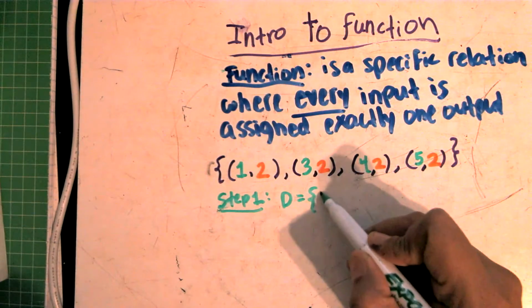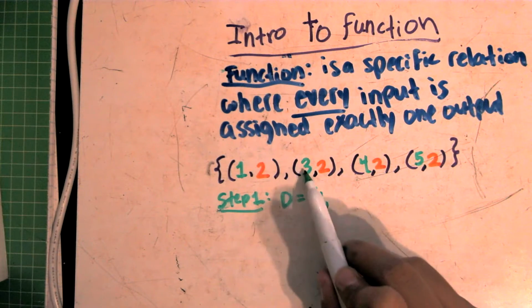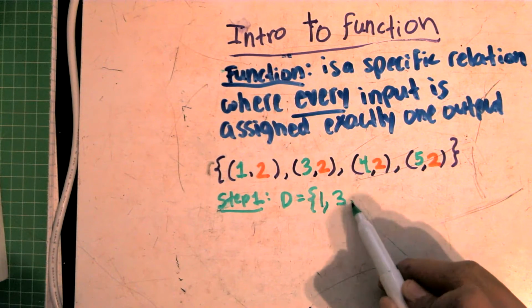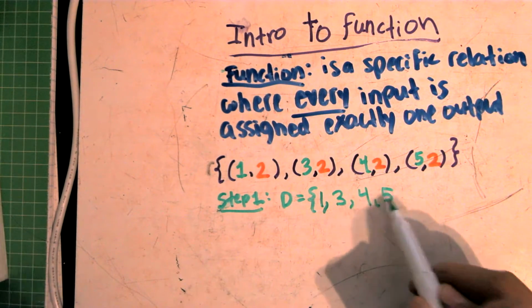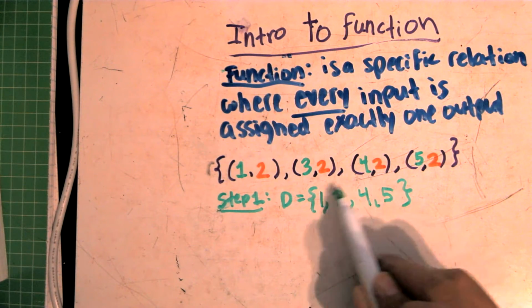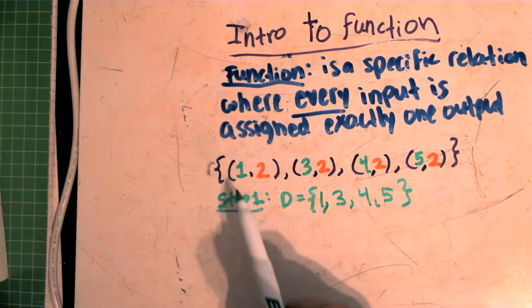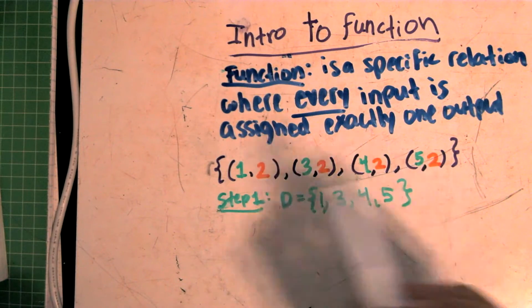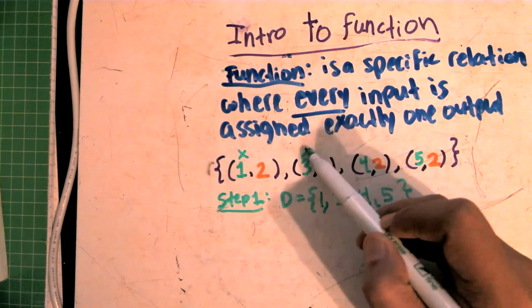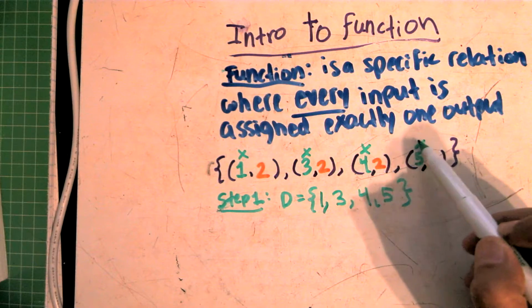So I have a 1, I have a 3, I have a 4, and I have a 5. All these values are numbers in the set of my domain. Domain are my x values, also called my input.